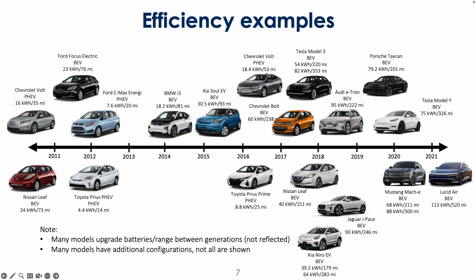So I'll use a number, kilowatt hours per 100 miles. Generally, you're going to find something on the order of like 25 kilowatt hours per 100 miles for a very efficient electric vehicle, all the way up to like 40, 45 kilowatt hours per 100 miles for a very inefficient electric vehicle.